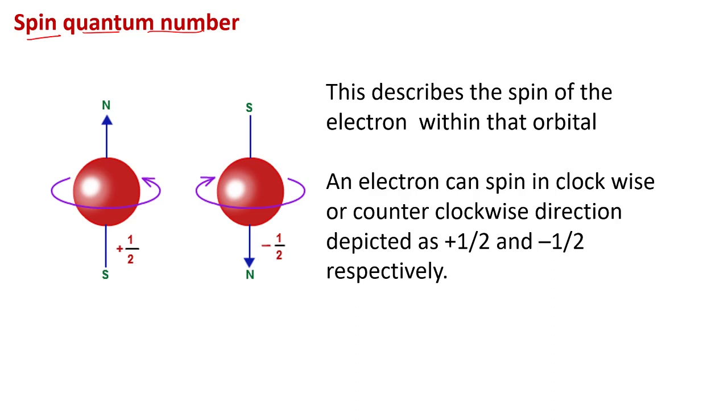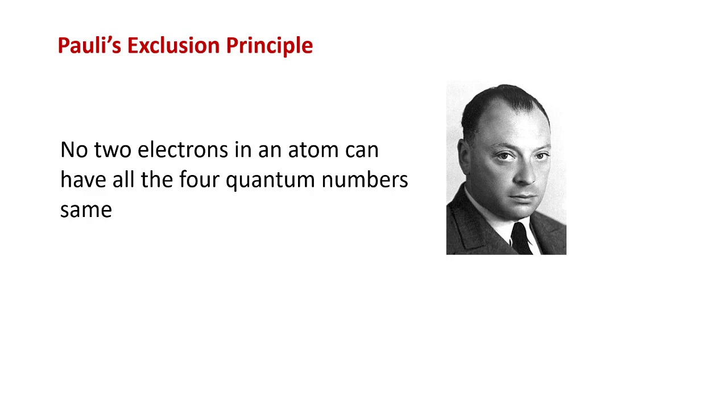So to describe an electron, we use all these 4 numbers: the principal, azimuthal, magnetic and the spin quantum number. And just like our home addresses, which cannot be the same for everyone, we also see that electrons cannot have all the 4 quantum numbers the same.